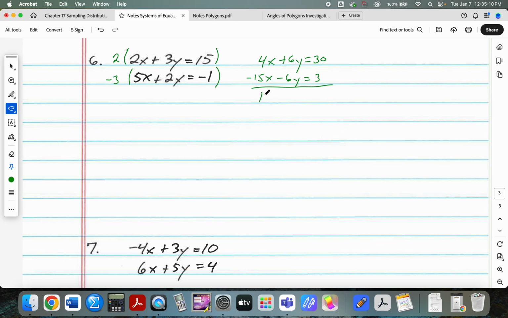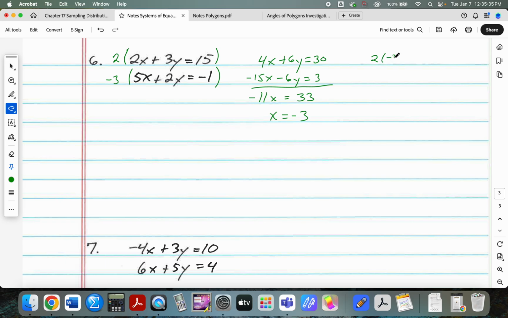Add those together and I get -11x, don't lose that, is 33. Divide both sides by -11 and we get that x is -3. Doesn't matter a whole lot. I'm going to substitute it into the first one.